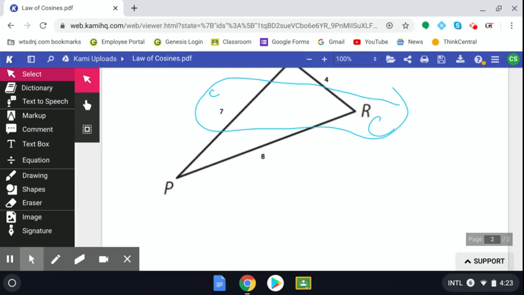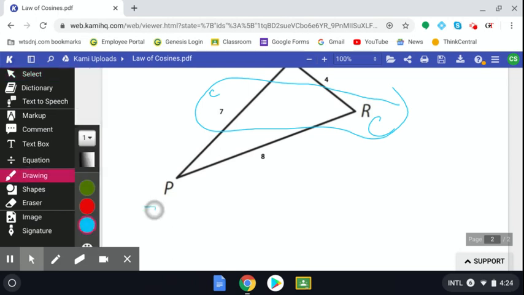So I'm going to say that 7 squared is equal to 4 squared plus 8 squared minus 2 times 4 times 8 cosine R. You follow the same steps.